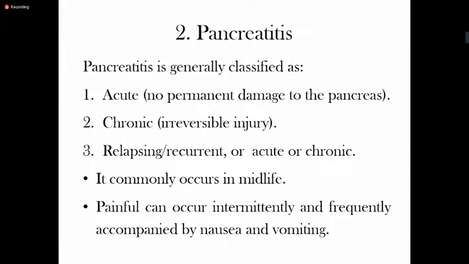This disease occurs in midlife, like 20 to 40, or 20 to 50. Pain can occur intermittently and frequently is accompanied by nausea and vomiting. So acute pancreatitis has intermittent pain with nausea and vomiting.